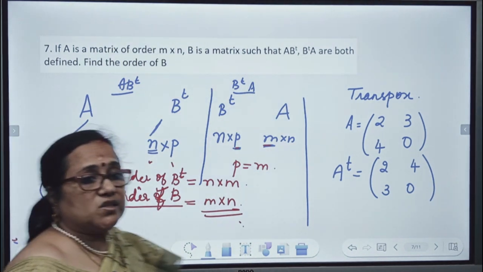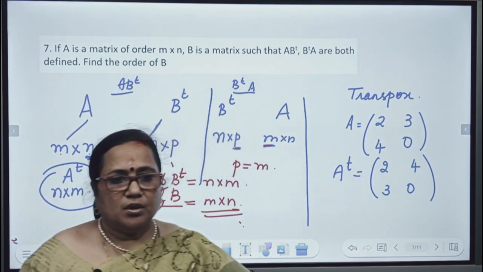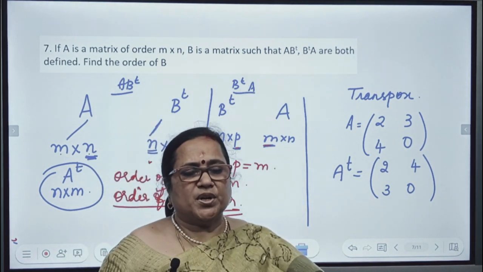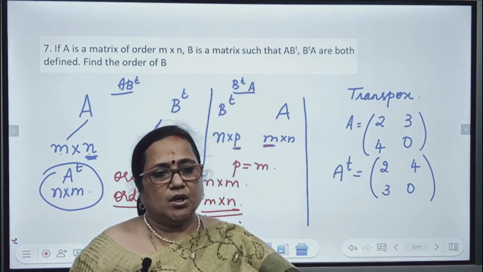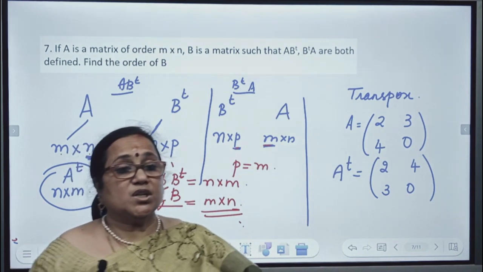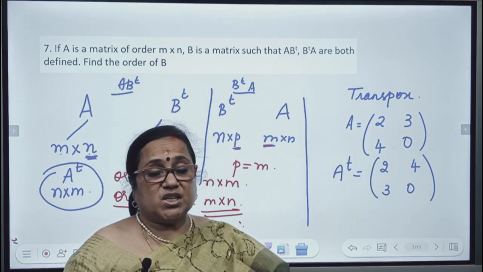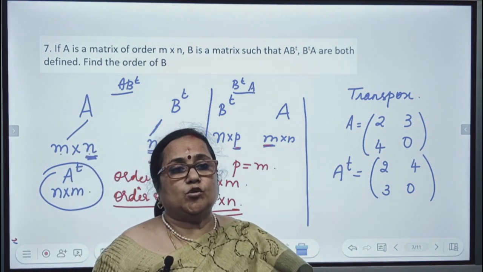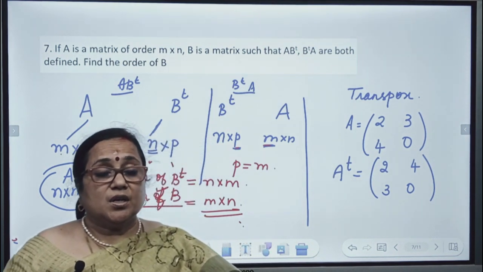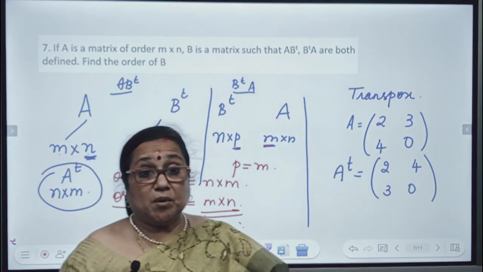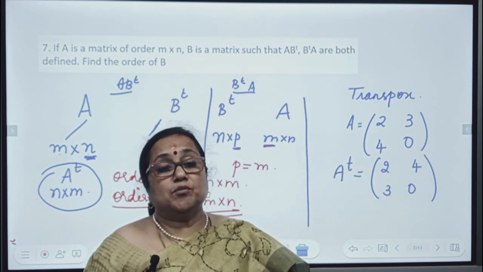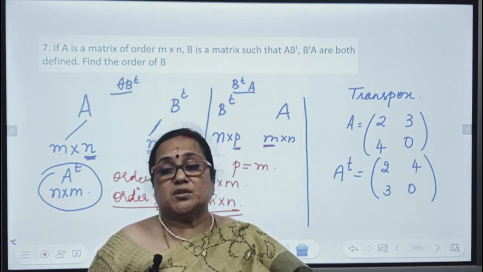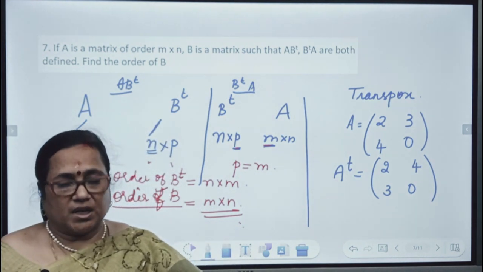I hope today's session was useful for you. We just introduced the operations and we are trying to get the hang of multiplication and what is the transpose of a matrix, interchanging rows and columns. Then we also saw how to multiply two matrices and an important thing that you need to check whether multiplication is defined. Number of columns in the first matrix must be equal to number of rows in the second matrix.